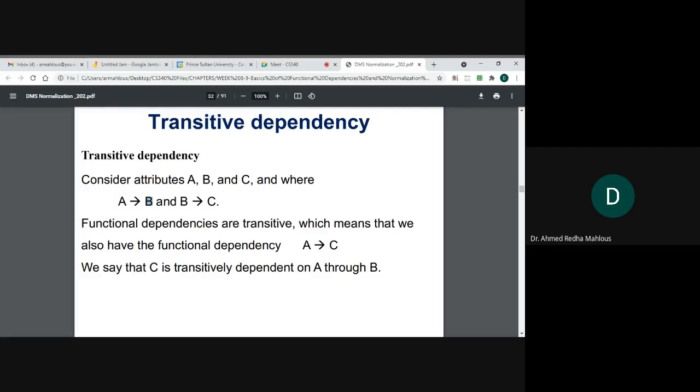This is another concept that is very important in normalization. You're going to see it later.